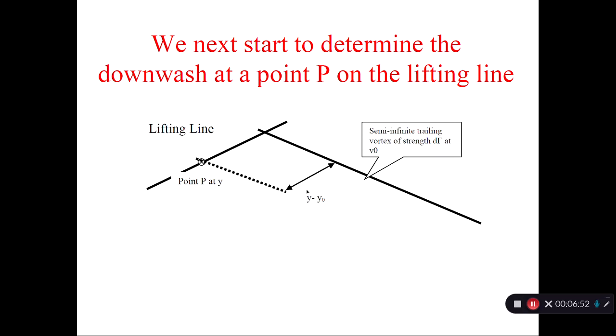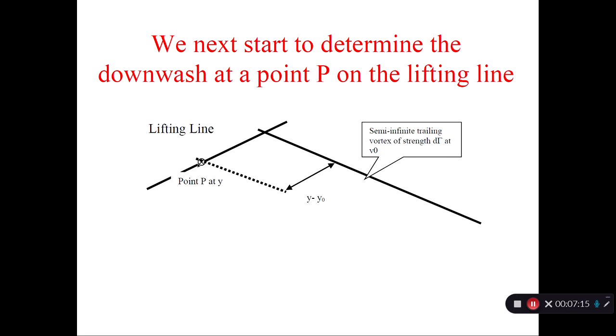So the relative distance is either y naught minus y or y minus y naught, depending on where the origin is located. For example, if the origin was located here, this would be y, this would be y naught, therefore the distance will be y minus y naught. The main thing is the distance between the vortex and the point on the lifting line.